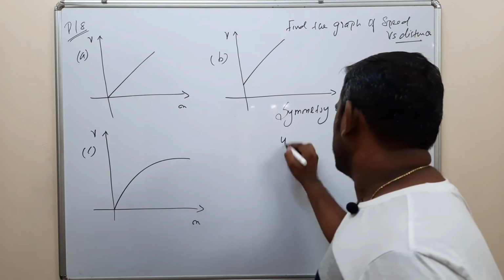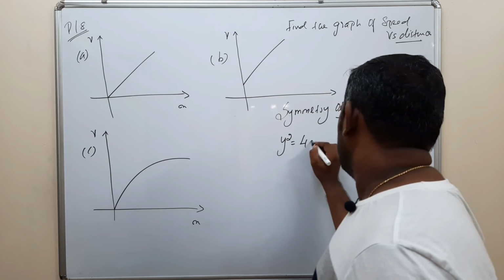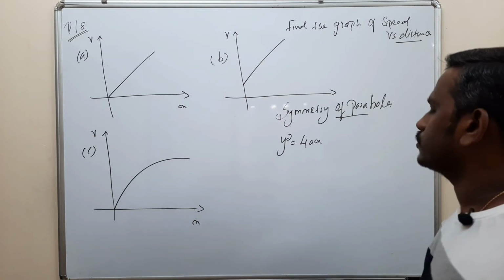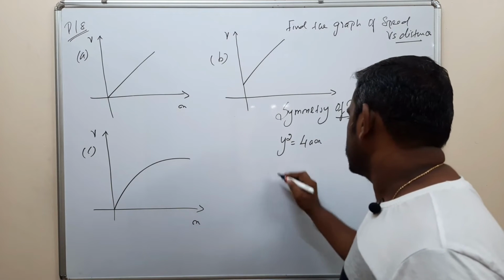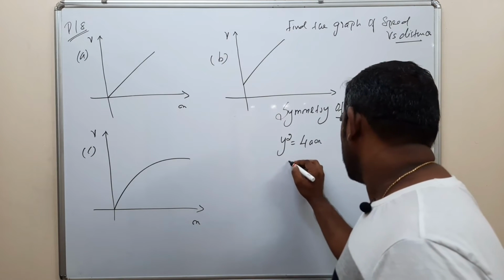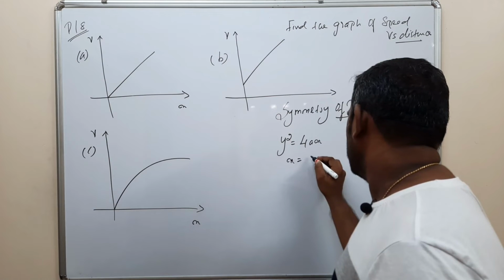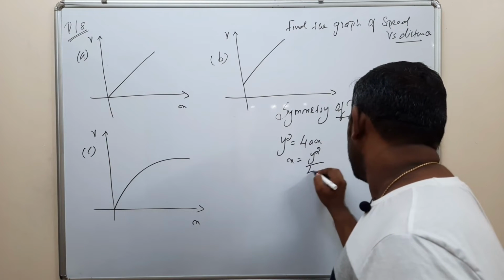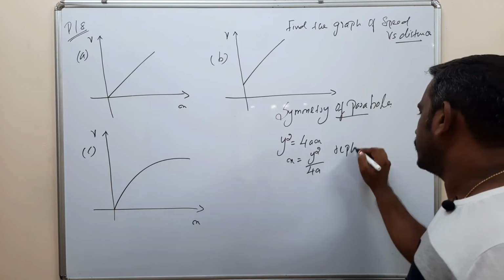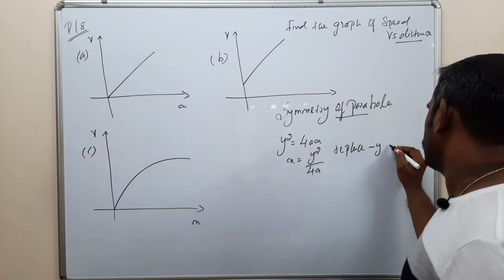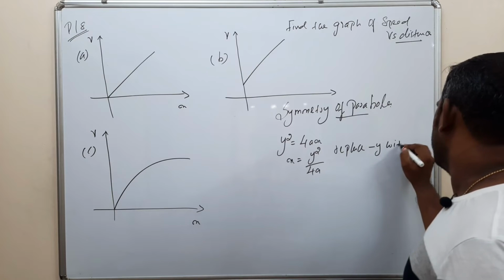So y square is equal to 4ax. Then x equal to y square by 4a. Replace minus y with y.